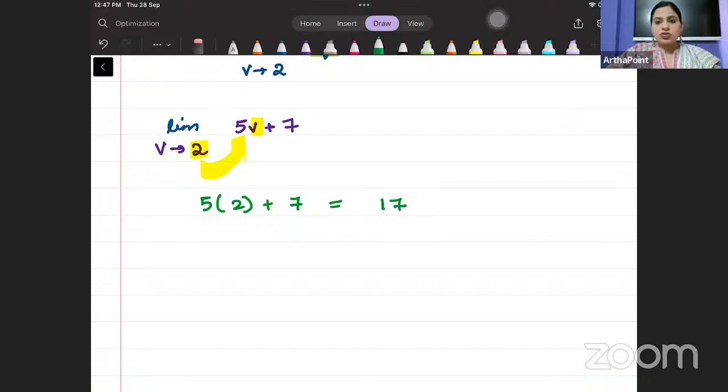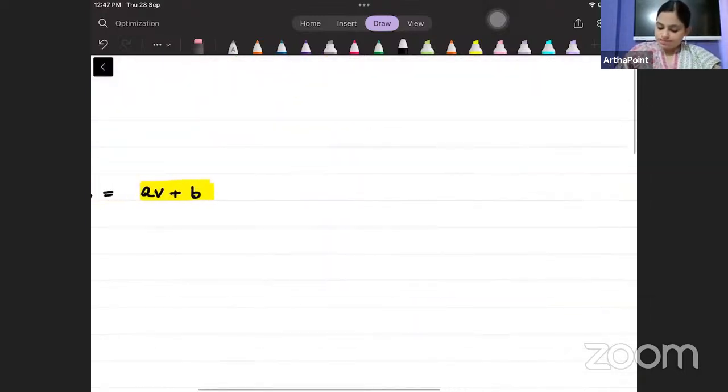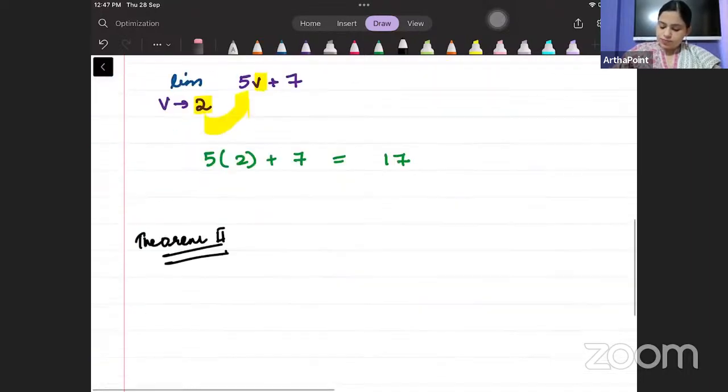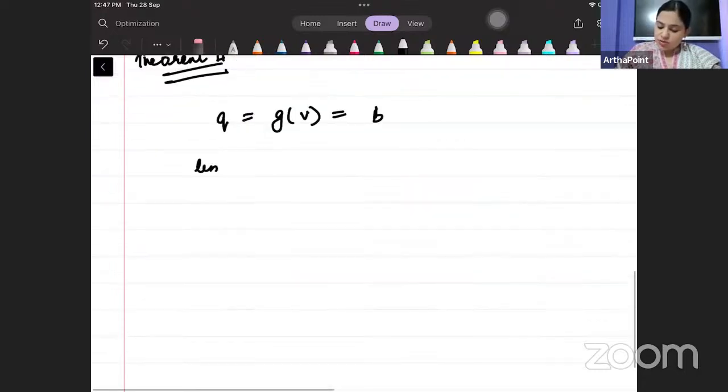So let's suppose that we have the next theorem, theorem number 2. So in theorem number 2, I'm saying that beta, Q is a function of V and this is just B. It's a constant. ठीक है? तो अब वो बोल रहा है कि क्या होगा जब limit V tends to N Q होगा. तो बेटा Q तो सिर्फ एक constant ही था, इसमें कोई V तो आ नहीं रहा है.